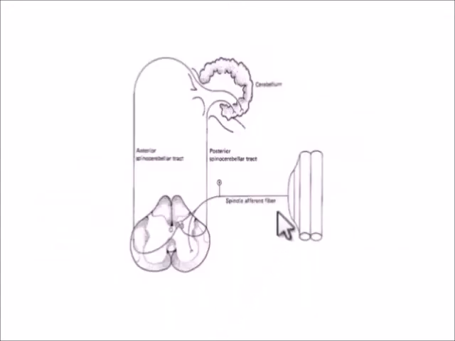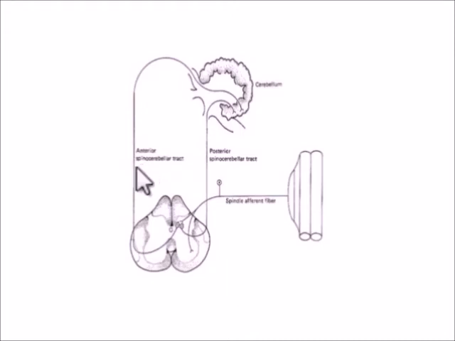So if I show again here, one tract is posterior spinocerebellar tract, which carries the proprioceptive sensation, and it ascends upwards without crossing and enters the spinocerebellum through the inferior cerebellar peduncle, while the anterior spinocerebellar tract has crossed to the other side of the spinal cord, then it ascends upwards, then again crosses, and then enters through the superior cerebellar peduncle into the spinocerebellum.